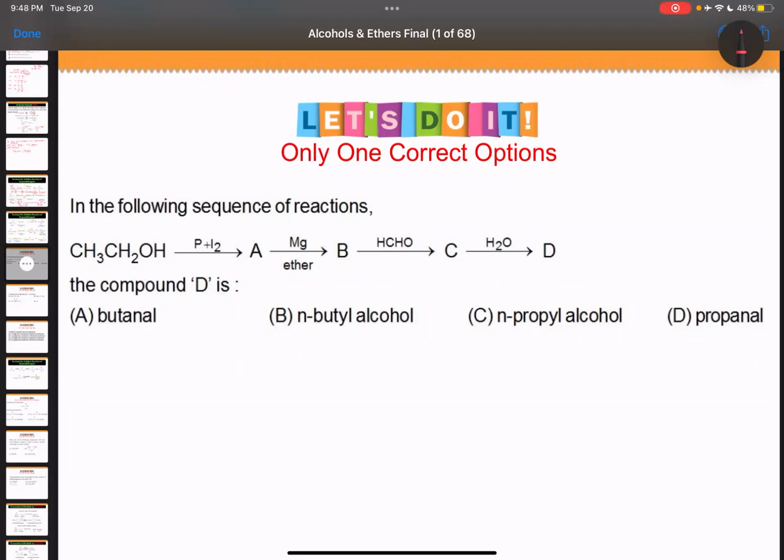What is PI3? Red phosphorus and I2, iodine. Here, red phosphorus and iodine.